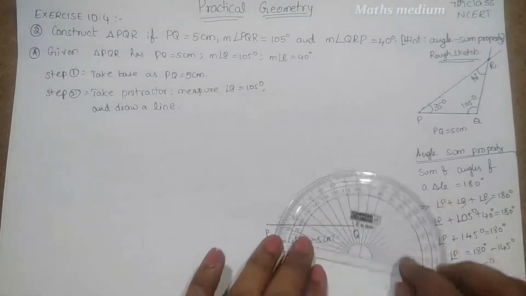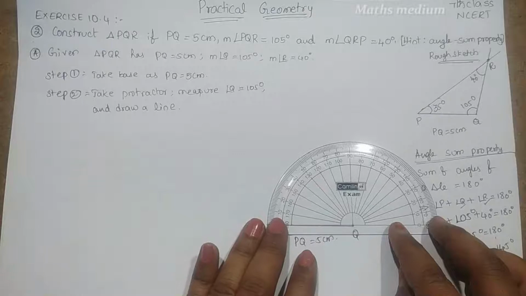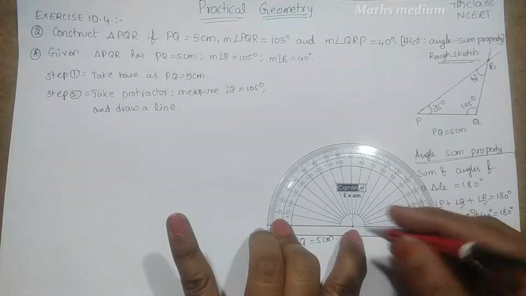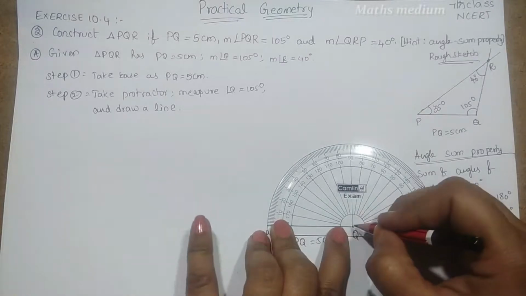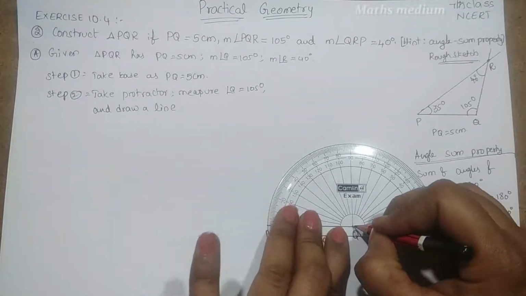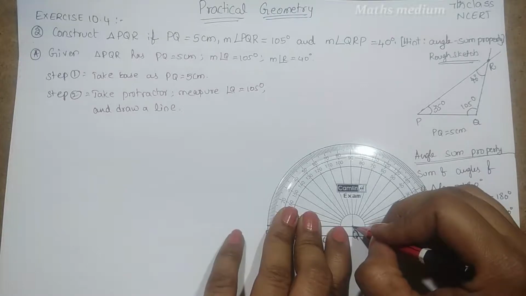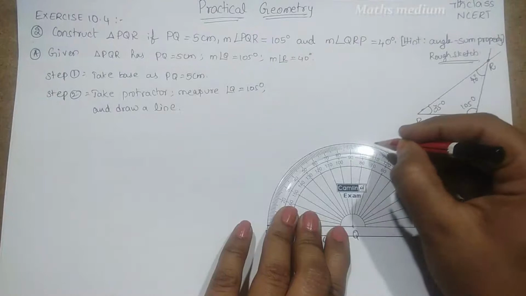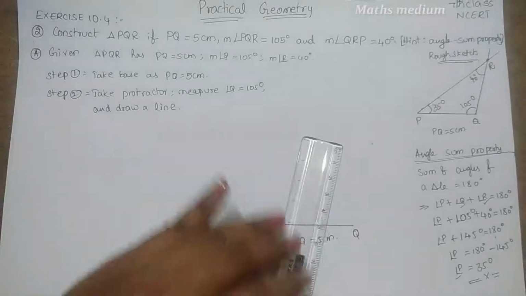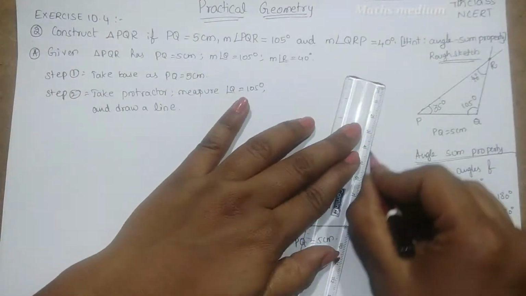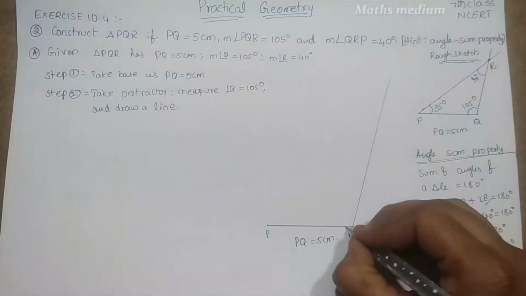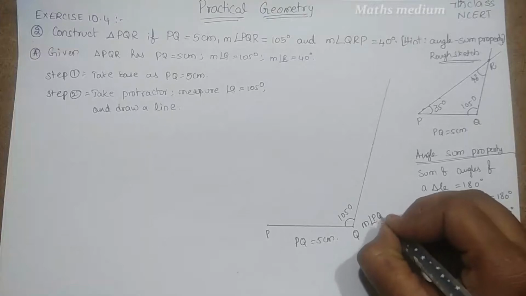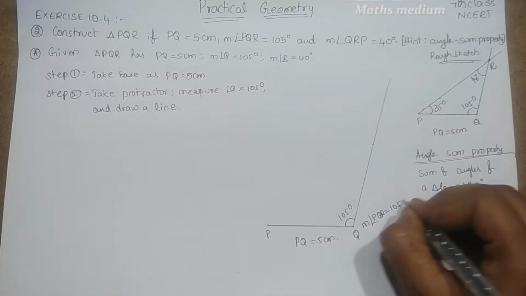So use the protractor at Q. See, this 0 line is parallel to the base line, and where we have to measure an angle, the protractor must be at that point of measuring also. So this is the point Q, and 105 degrees: 80, 90, 100 and 5, 105. Draw a line through that point like this. Now this is 105 degrees. Measure of angle PQR is equal to 105 degrees.